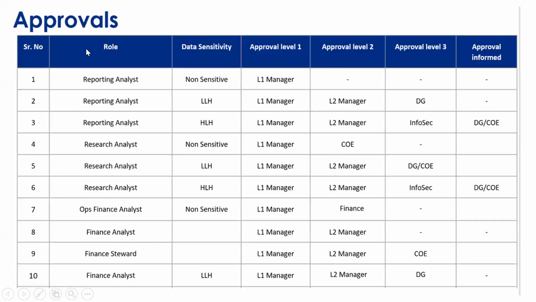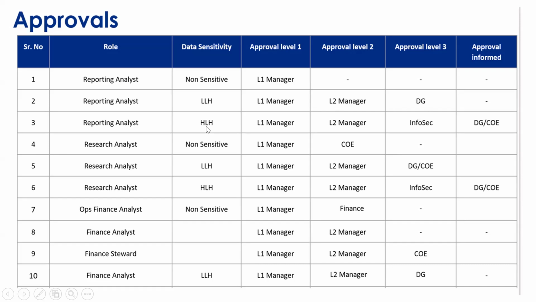And once you classify, I was talking about these approval levels also, if you remember. The report analyst role, who wants to access non-sensitive data, I decided they should get approval from the event manager. This is not in Snowflake. I created this hierarchy. The same person with the report analyst role who wants to access low likely harm data, I created a hierarchy of approval. He should get L1 manager, L2 manager, and division group approvals.